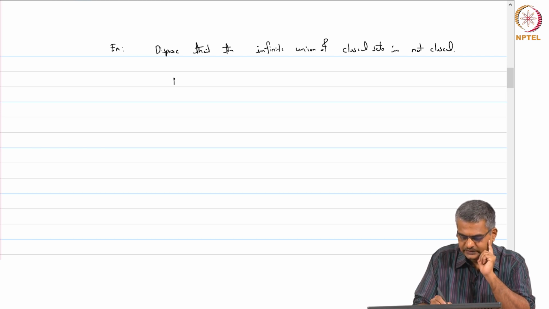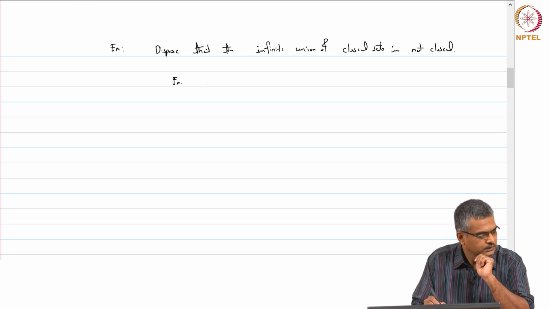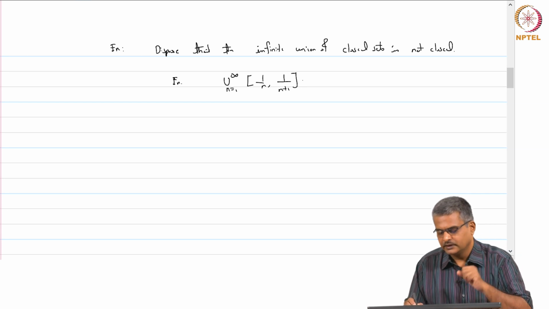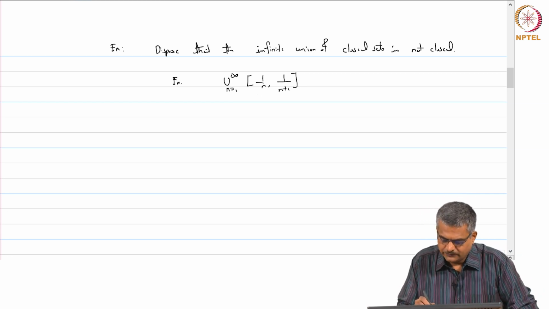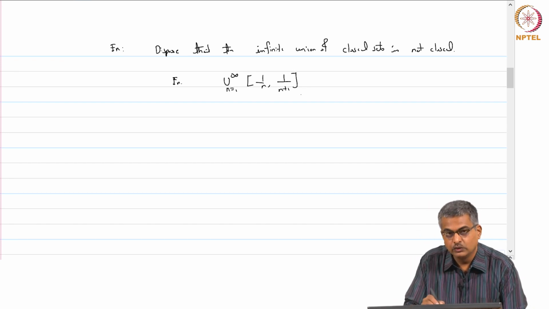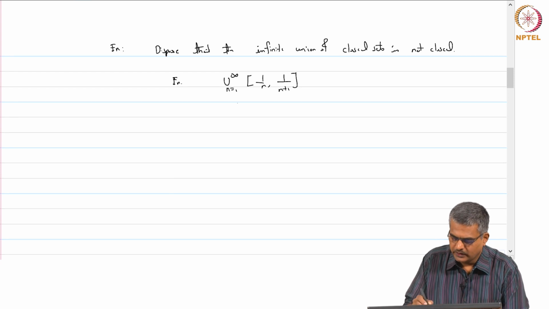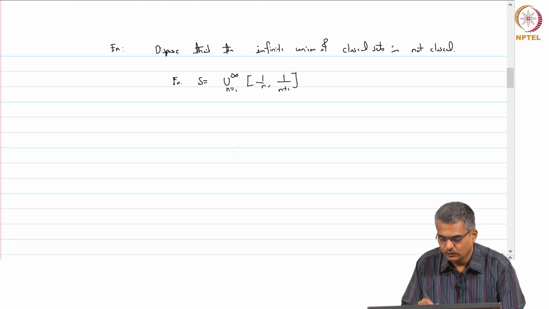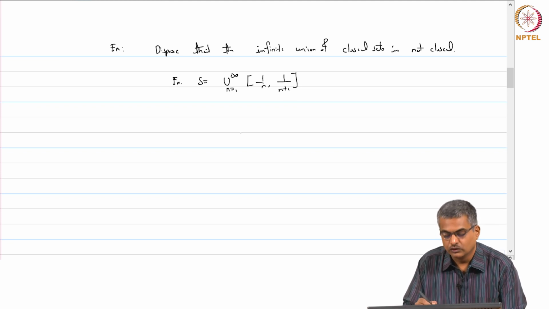The example is we take the union of sets of the form [1 by n plus 1, 1 by n]. These are closed intervals or closed sets, so you have an arbitrary union of closed sets. Let me call this S. As n approaches a very large value, this number becomes closer and closer to 0, but it never becomes 0, it approaches 0.